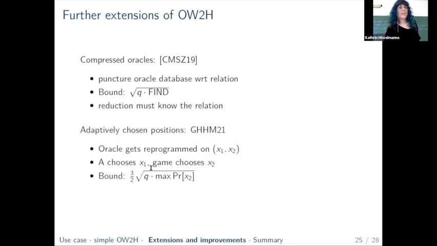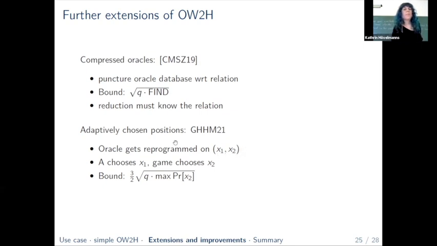And another generalization that was given this year is a generalization to a scenario where the reprogramming position might depend on the interaction with the adversary. What we consider there is that the oracle gets reprogrammed on a position that we can split into two parts. Let's call them X1 and X2.